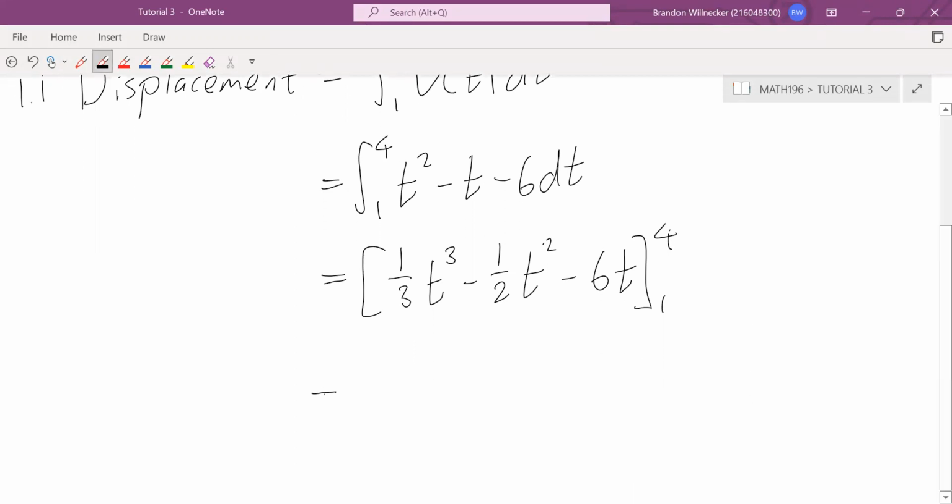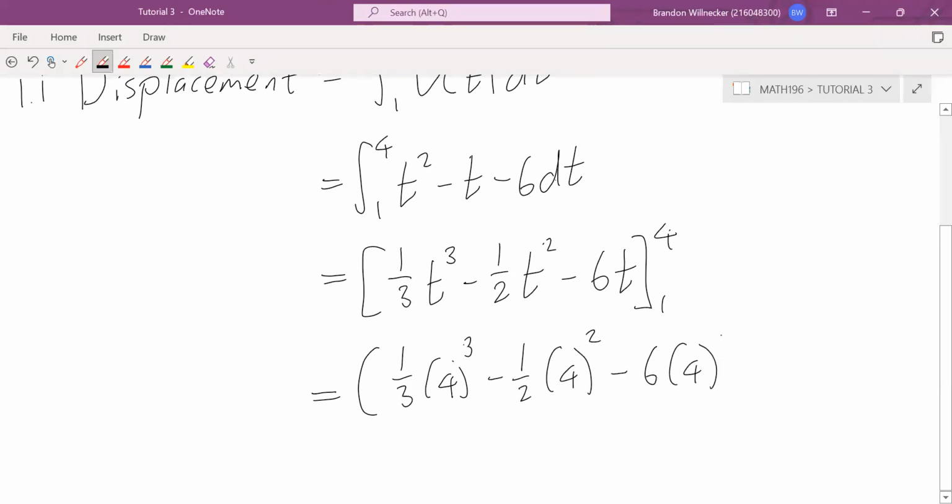So we can substitute 4 in place of t. We're going to have 1/3 4 cubed minus 1/2 4 squared minus 6 times 4. So that's evaluating the antiderivative at the upper bound minus the antiderivative evaluated at the lower bound.